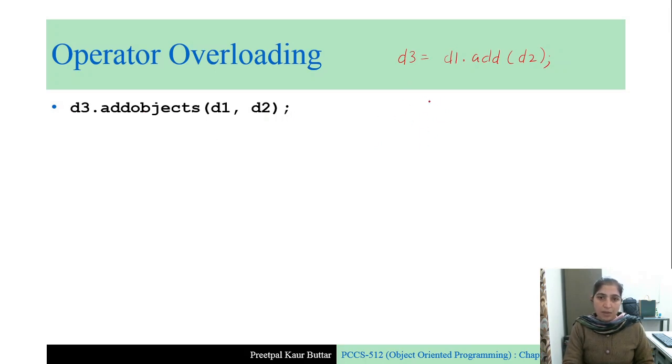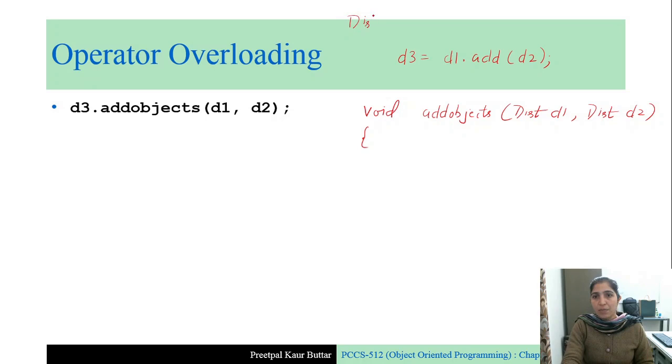It means now in this case the function will look like addObjects(distance d1, distance d2), and it will not return anything, it will be void. In the earlier case it was returning an object of type distance, and the name was add, and we were passing an object of type distance. So this was the interface in that case, and in this case this is the interface.